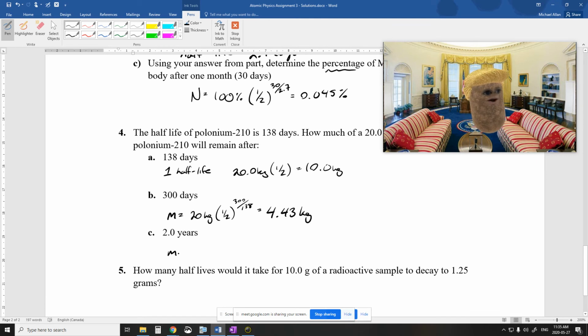And after 2 years, this is very key, you have to make sure you change the years into days. We don't know whether or not it's a leap year, so we have to use the average of a year being 365.25 days.